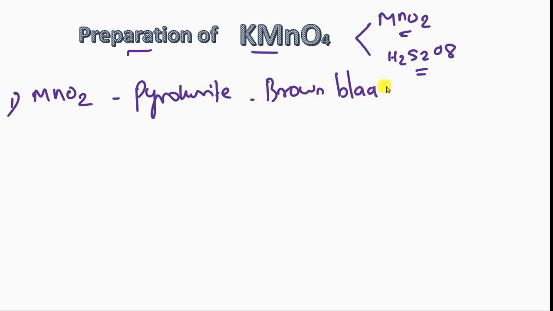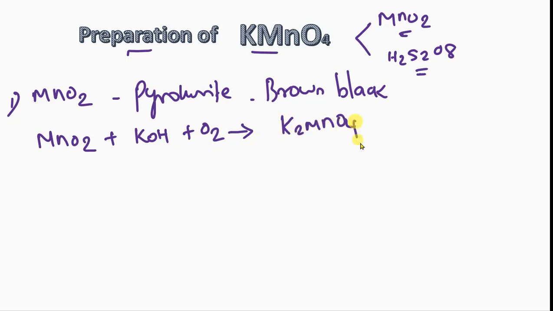This MnO2, the pyrolusite ore, when treated with potassium hydroxide and oxygen, gives K2MnO4. K2MnO4 means here manganese is in the plus 6 oxidation state. It is not KMnO4, this is K2MnO4.